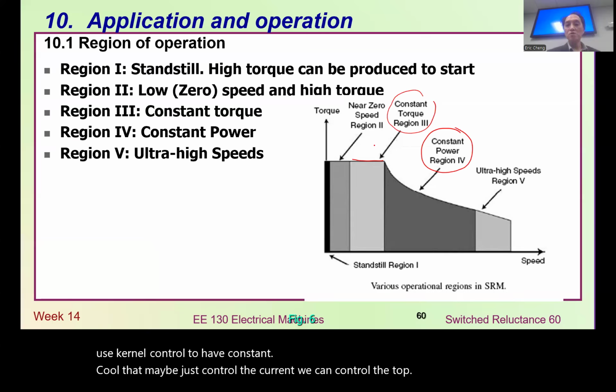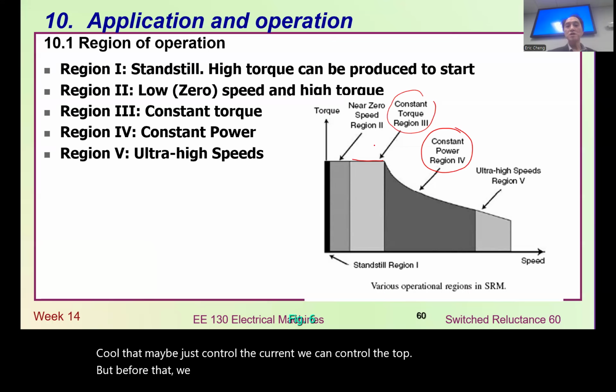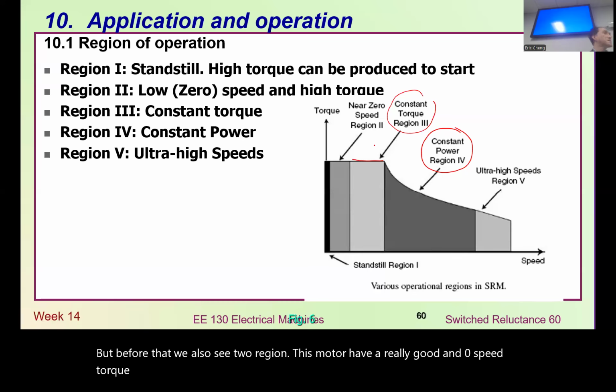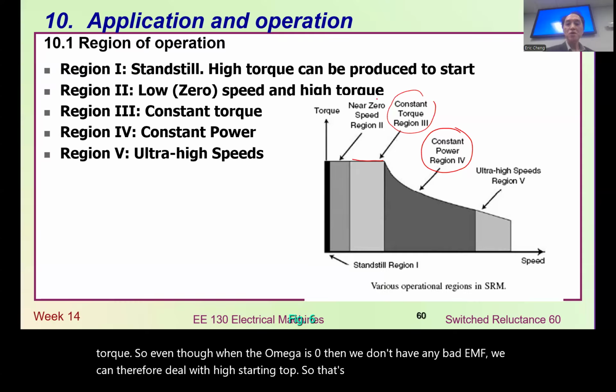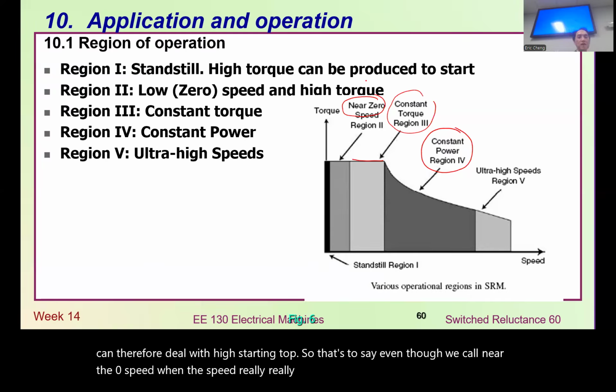But before that, we also see this region. This motor has really good zero-speed torque. Even when omega is zero, we don't have any back EMF, so we can produce very high starting torque. Even near zero speed, when the speed is really, really small, we are able to control a high torque profile.